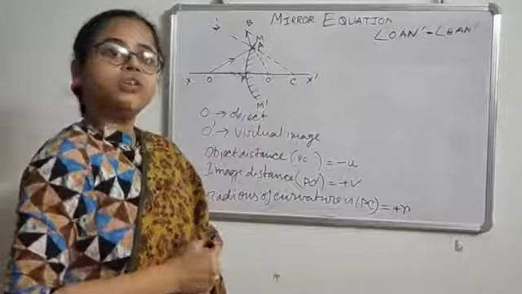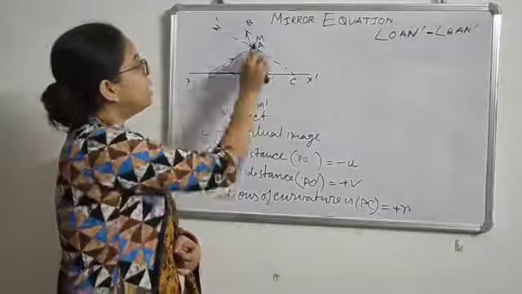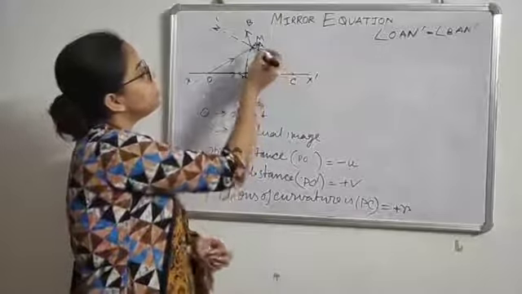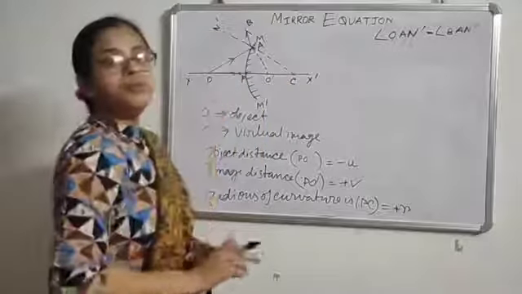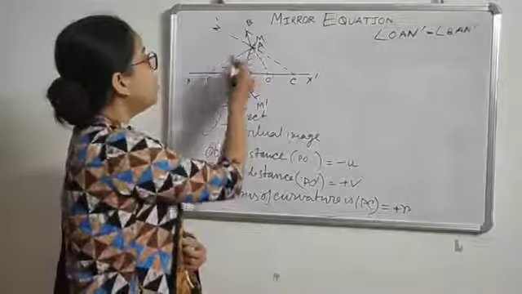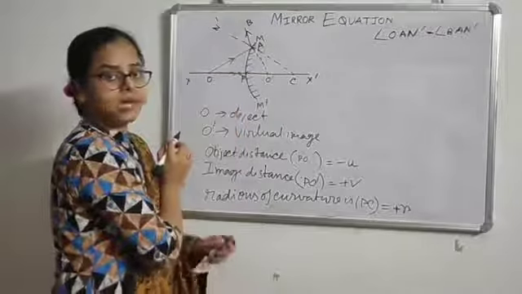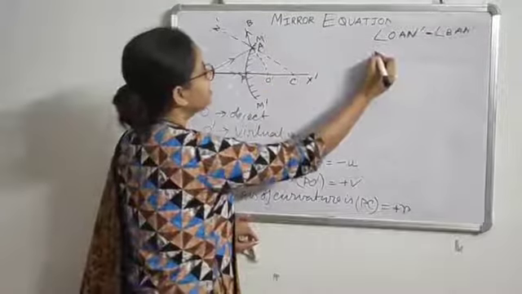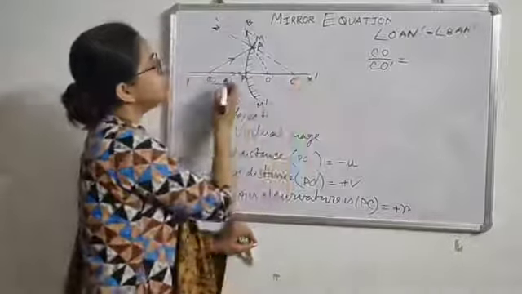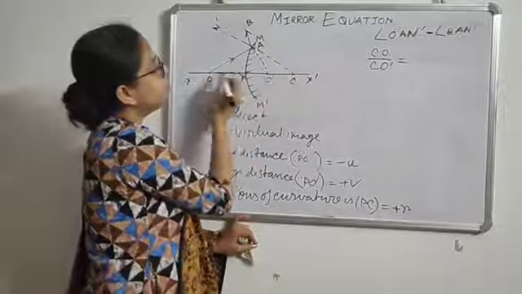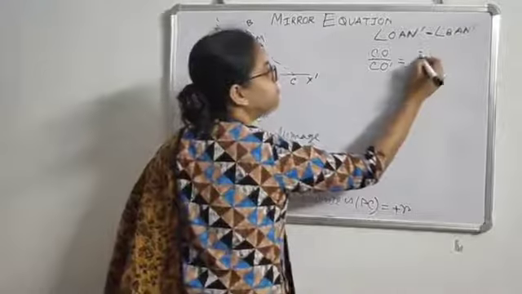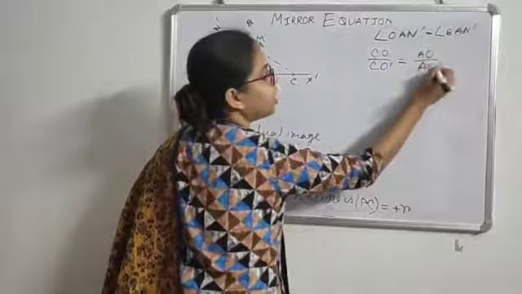Now CAN dash is also the bisector of OAO dash. In triangle OAO dash, CAN dash acts as an external bisector of OAO dash. So from this we can write that CO by CO dash can be written as AO divided by AO dash.